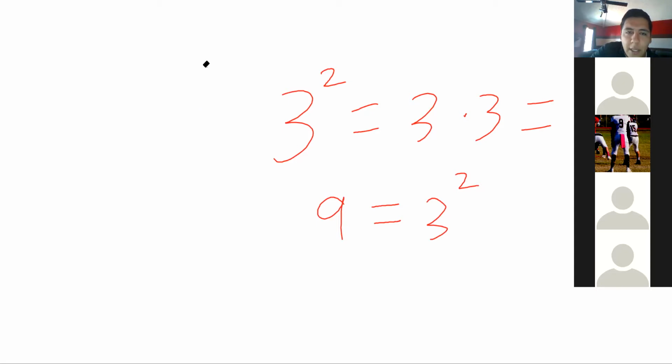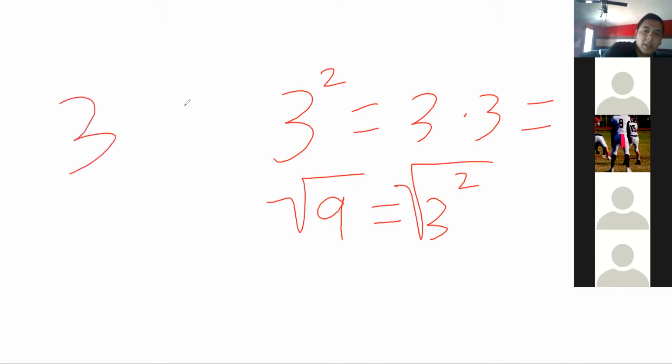The way that we do that is actually going to be by taking the square root. Okay? See that? So the square root of 9 is 3. And when we take 3 squared and we take the square root of that, that cancels out. So we're left with 3.